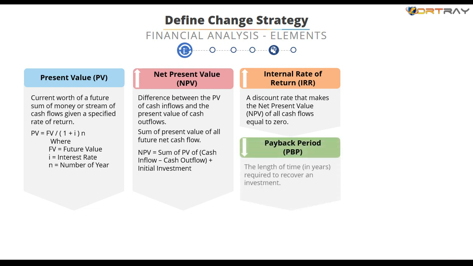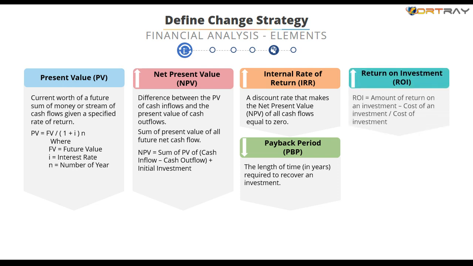The payback period is the duration of time required to recover an investment. The duration is calculated in number of years. The return on investment, or ROI, measures the amount of return on an investment relative to the cost of an investment. ROI is equal to the amount of return on an investment minus the cost of an investment, divided by the cost of investment.